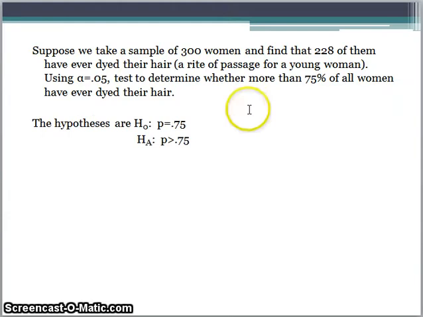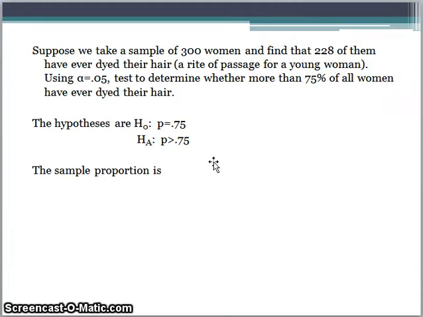So the alternative hypothesis is going to be p greater than 0.75. Proportion, remember, always has to be between 0 and 1, so we want to convert from a percent to a proportion. The null hypothesis is p equals 0.75.